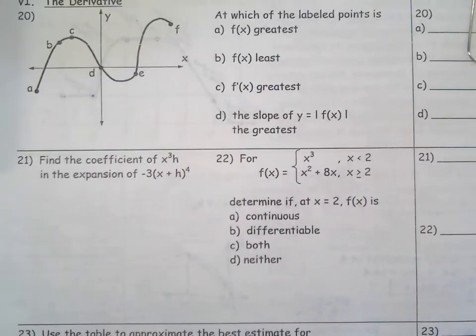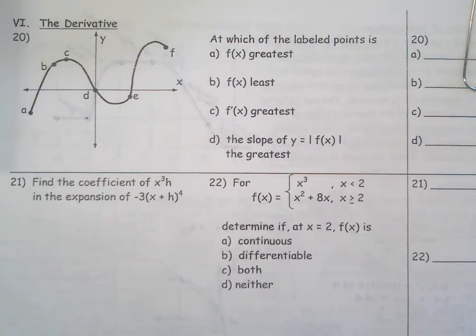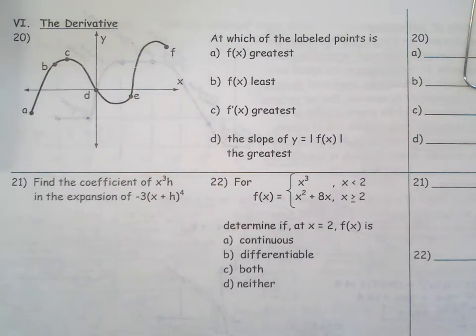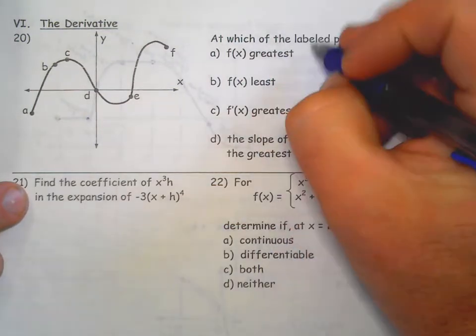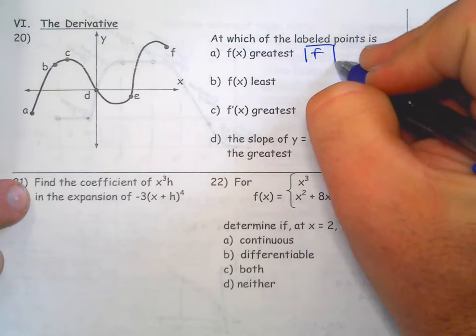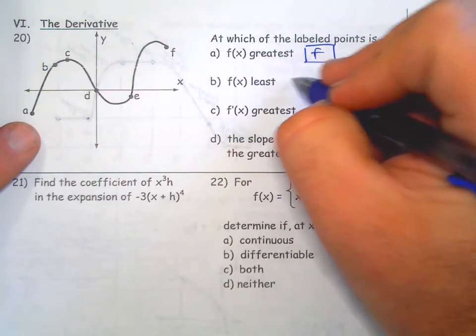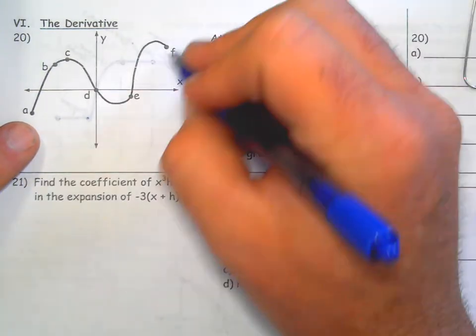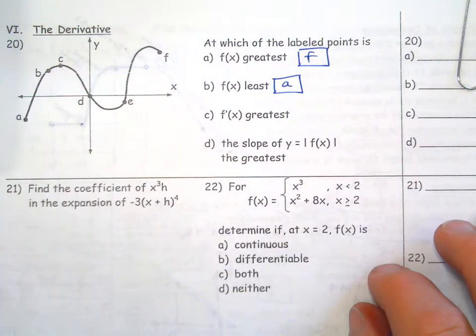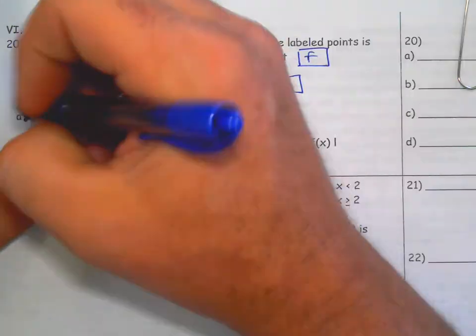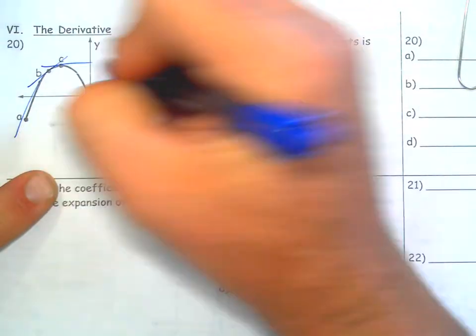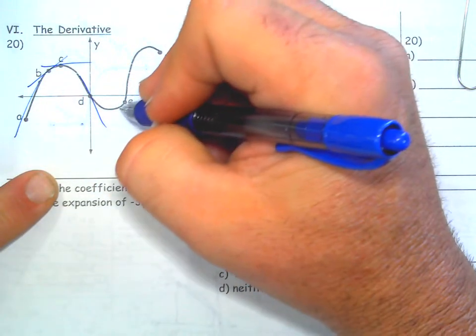Okay, so at which of the labeled points is the derivative of f of x the greatest? Well, I would say at F it's the greatest. The least, I would say A. So we're checking endpoints and peaks and valleys or just whatever. Where is f prime the greatest? Where's the slope the greatest? Well, that would be a really steep positive slope.